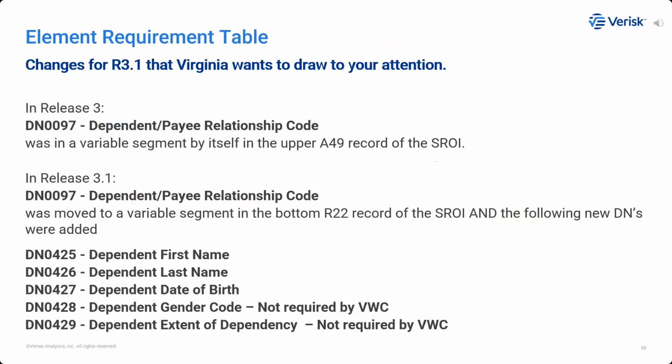In Release 3.1, DN0097 will remain in a variable segment but move to a different section of the transaction and will now include the following new data elements: DN0425, dependent first name; DN0426, dependent last name; DN0427, dependent date of birth; DN0428, dependent gender code; and DN0429, dependent extent of dependency. Please note, in Virginia, we will accept DN425, 426, and 427, but we will not accept DN428 and 429.